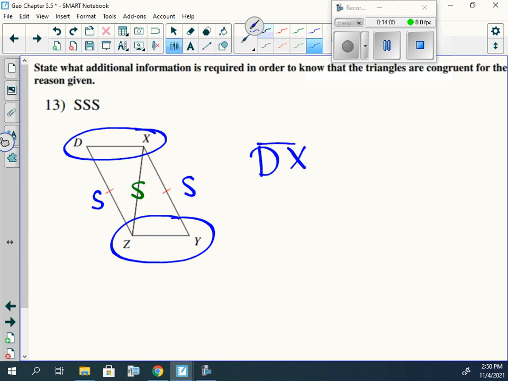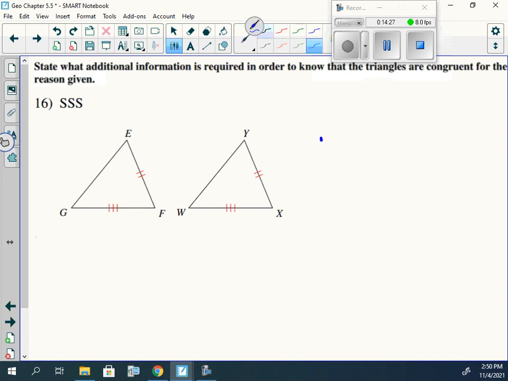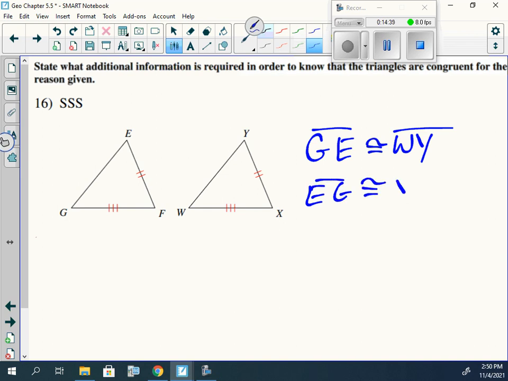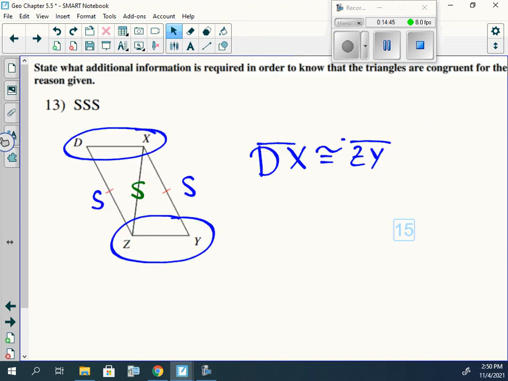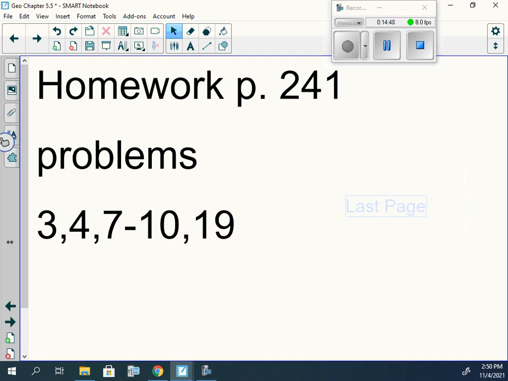So we would need to know this is congruent to ZY. Because if I knew that these two were congruent, then we can say that the two triangles are congruent by side, side, side. This one here, we would need to know that GE is congruent to the other one. Yeah, because we could have also said G is congruent to YW or any of those two.